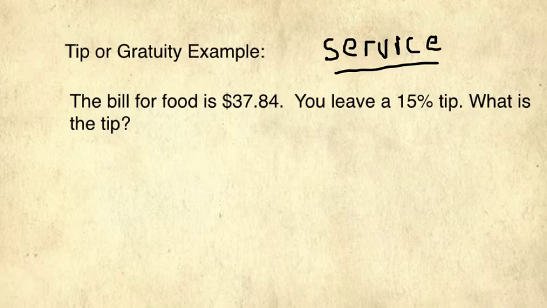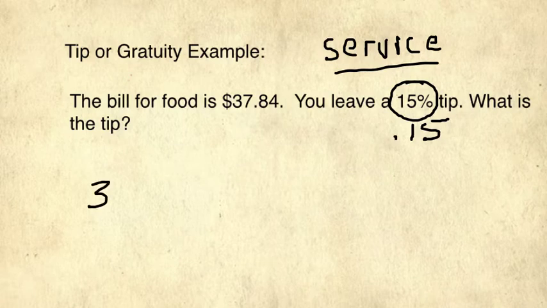Okay, well, we're going to go ahead and look at the example on your sheet. It says that you have a bill for food for $37.84, and you leave a 15% tip. What is the amount of tip that you leave? Well, just like with tax, we're going to have to change this 15% to a decimal, so that becomes 0.15. Remember, two places to the left. So now I'm going to use my calculator and I'm going to multiply 37.84 times 0.15.